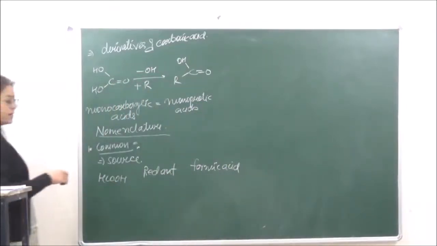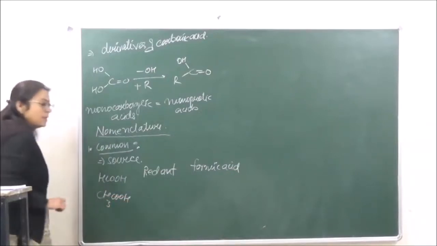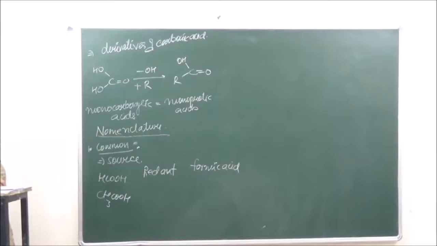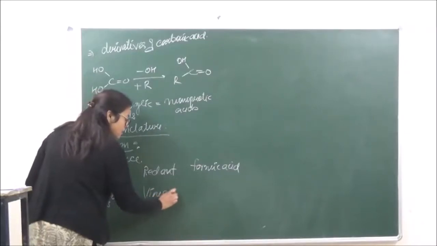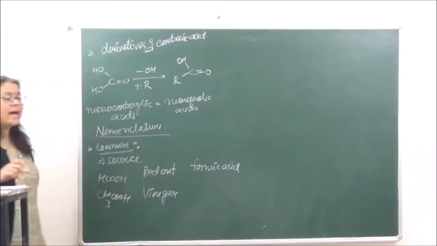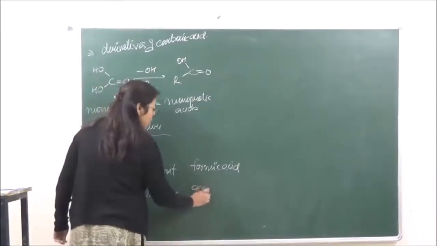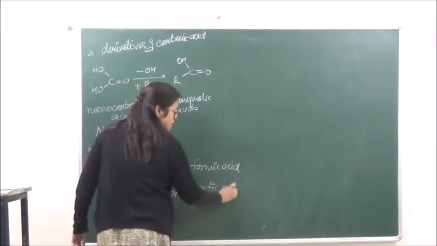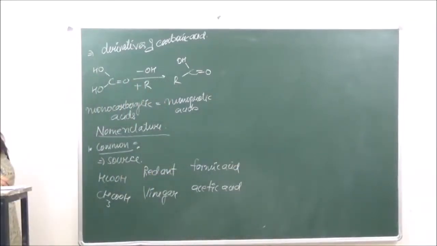Then we have CH3COOH, which is obtained from vinegar. Vinegar has the name acetum, so that is how we get the name acetic acid.